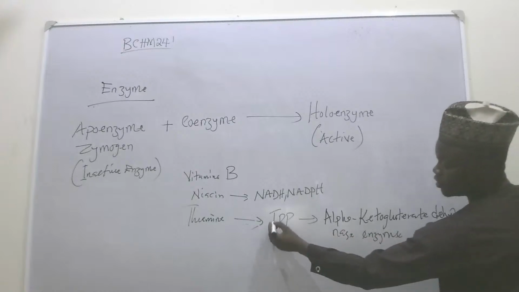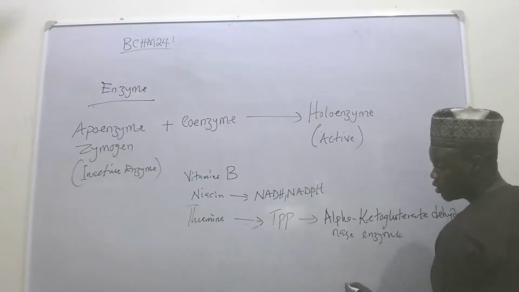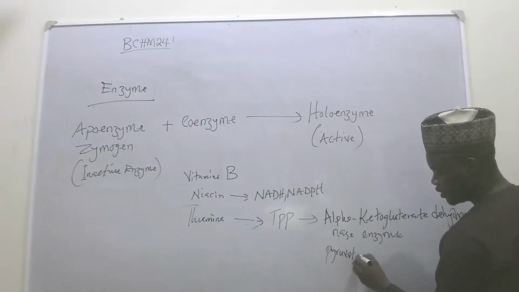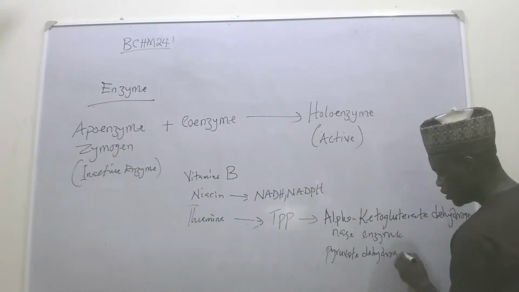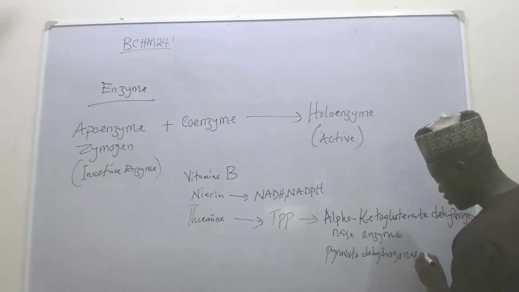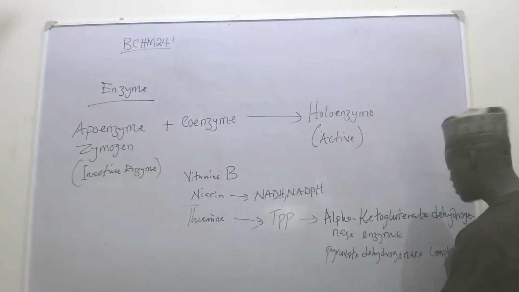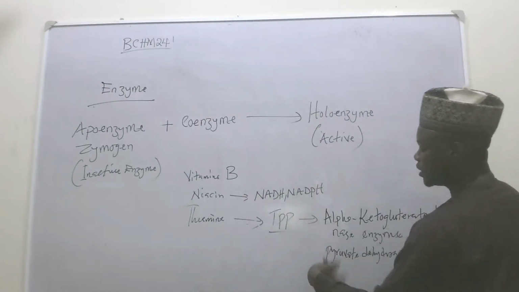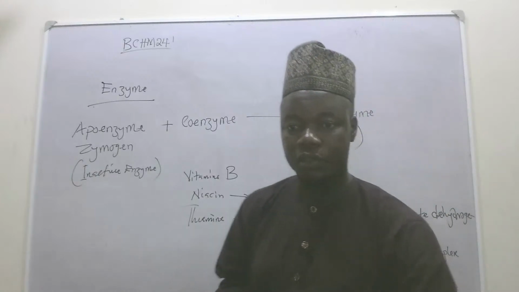Another enzyme that requires thiamine or TPP is the pyruvate dehydrogenase complex. So these are some of the vitamins. They are coenzymes that are required by the enzymes for them to be active.